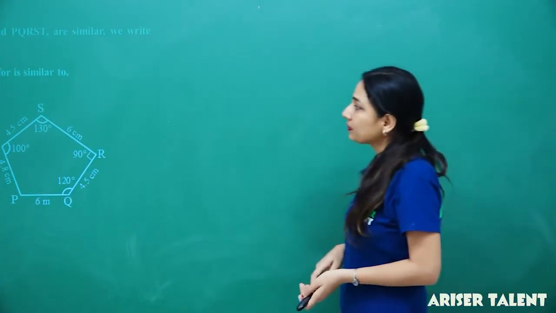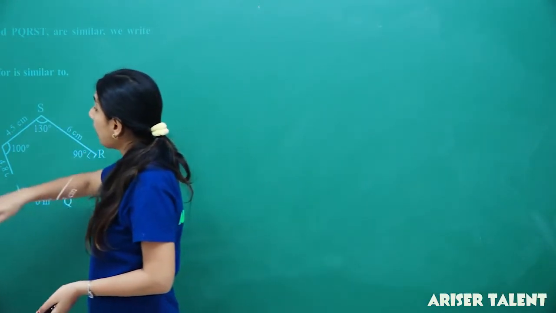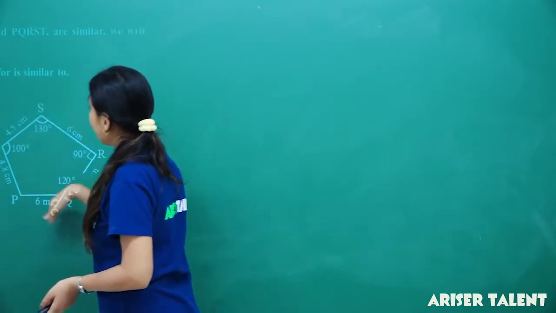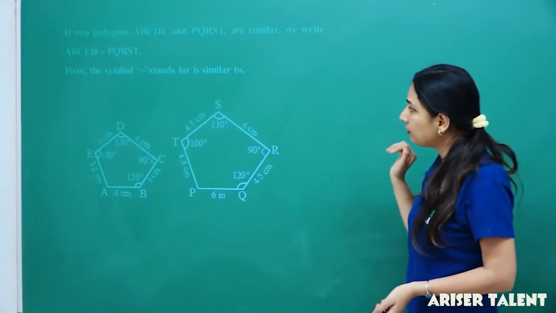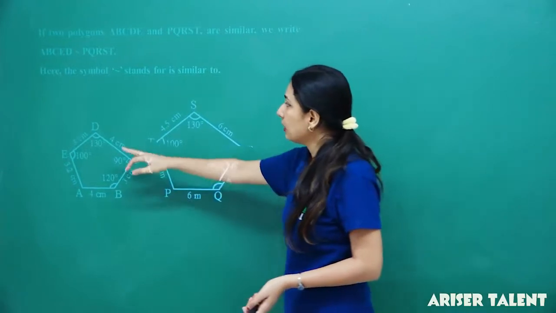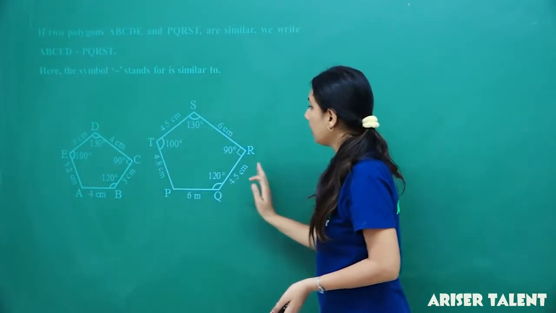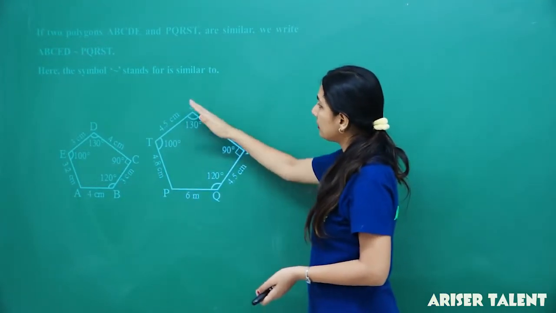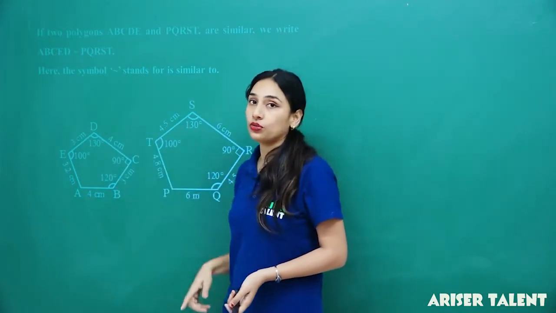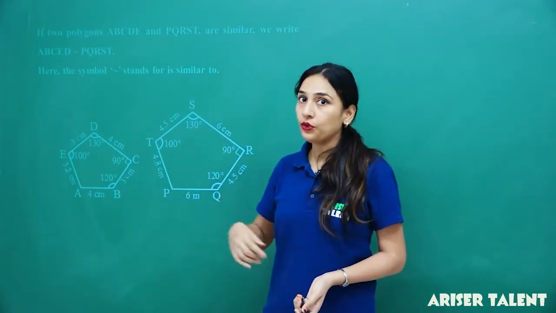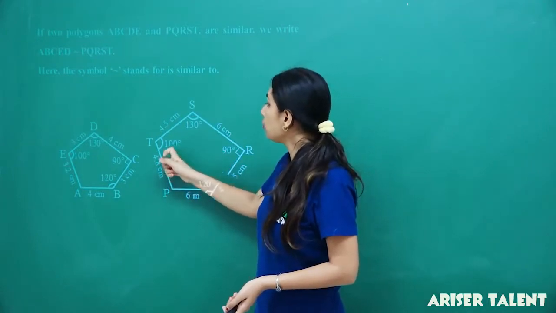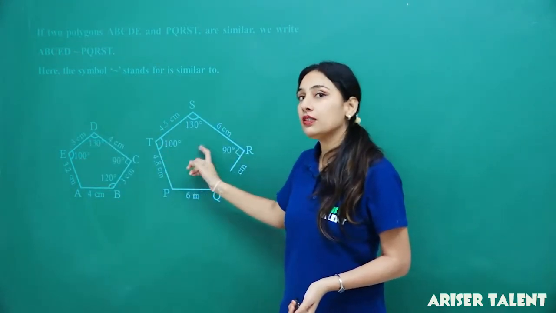Okay, students, so now we have a figure here in which we have mentioned the dimensions, the sides and the angles also. In a polygon, you have to be sure that each angle is equal.